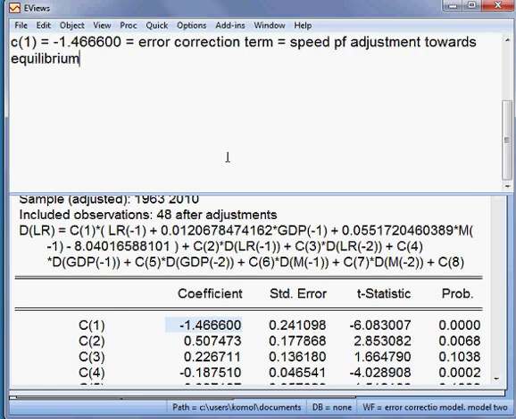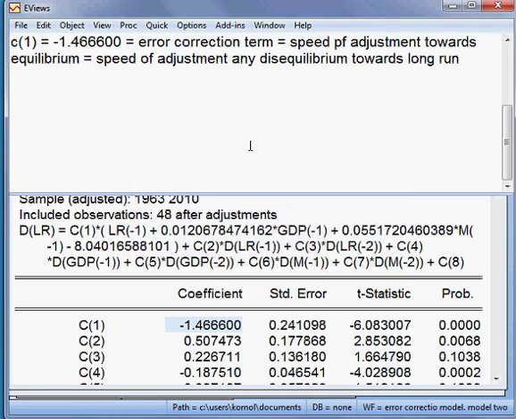Speed of adjustment toward equilibrium, or I can say it is the speed of adjustment of any disequilibrium towards the long run equilibrium state. Okay, and here for our model, so the speed of adjustment is how much? The speed of adjustment is actually 146%.